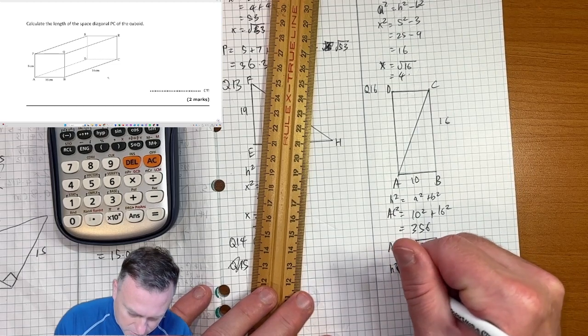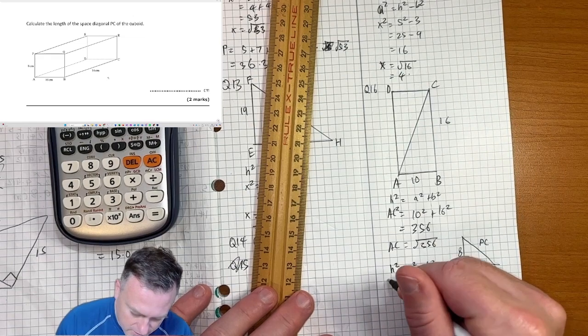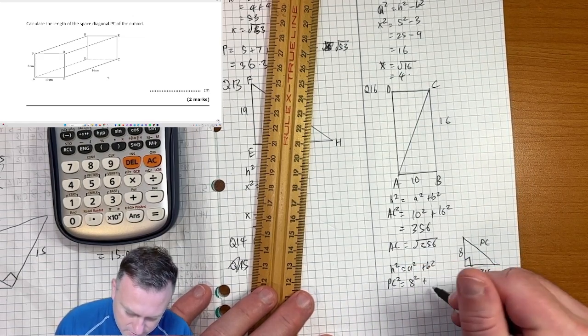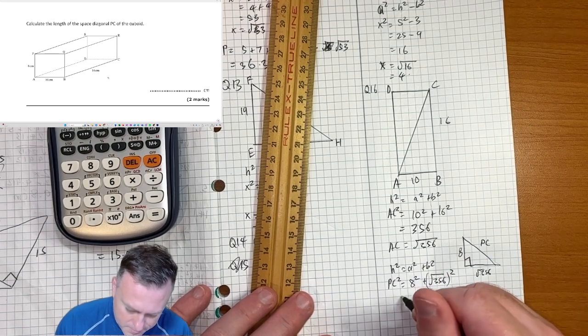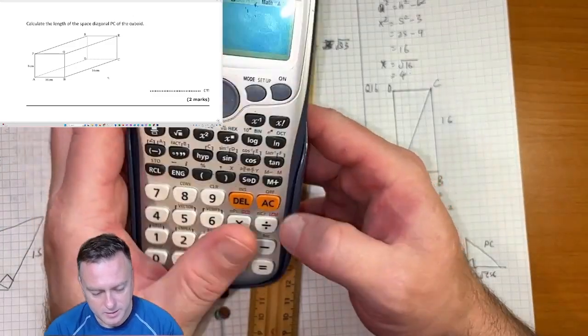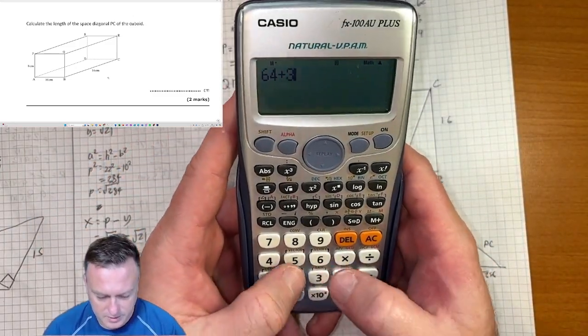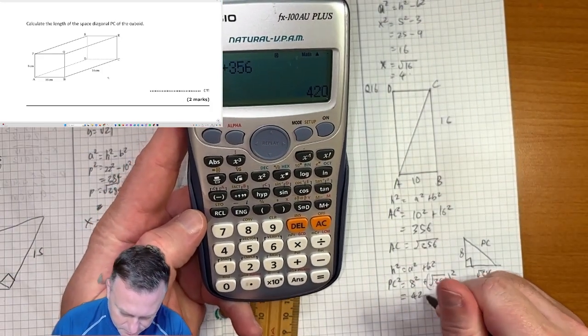So I'm going to use the rule h squared is equal to a squared plus b squared, and then fill in the blanks. So PC squared equals 8 squared plus the square root of 356, all squared. And then we just grab our calculator. So that's going to give us 64 plus 356, which gives us 420.